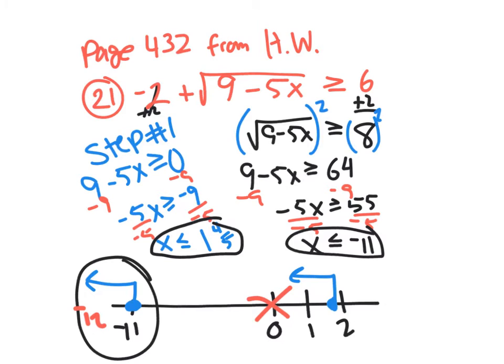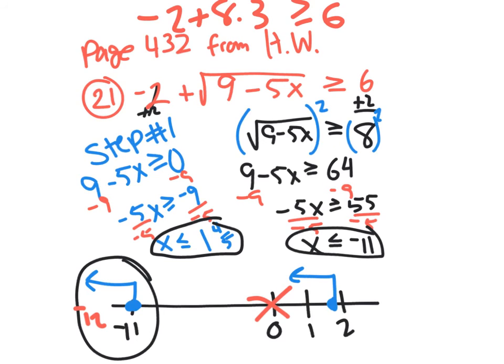Of course, 8.306623863, but I'm just going to say 8.3. So you really have, double checking, negative 2 plus 8.3, it's supposed to be greater than or equal to 6. However, negative 2 plus 8.3 is less than 6. Oh no, it is greater than 6. It's 6.3. So it does work.